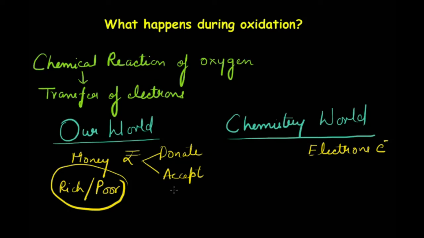There are many other reasons. Similarly, in the world of chemistry, there are elements that donate electrons easily, whereas there are other elements that accept electrons easily. The elements that donate electrons easily are called electropositive elements, as they become positive after losing electrons, whereas the ones that accept electrons easily are called electronegative elements.